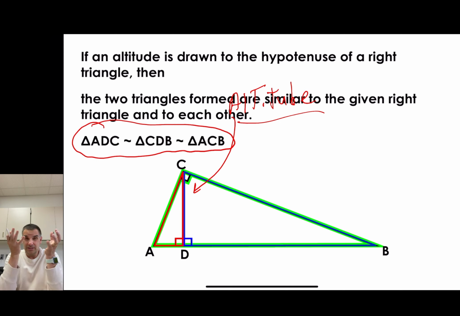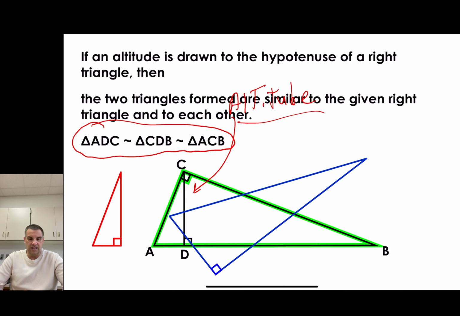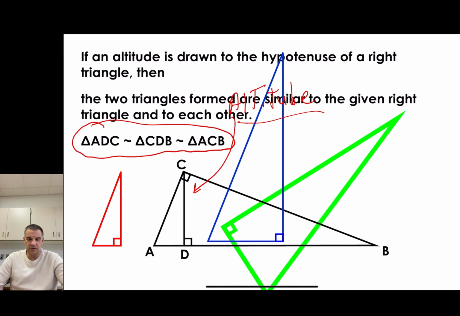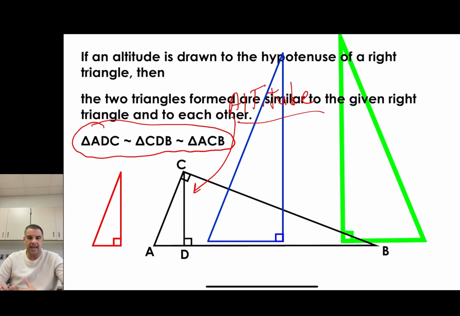Now, they're going to be similar to each other because of side angle side proportionality, which we talked about on the last lesson. And the way we could look at all the problems that we have today is we could look at these different triangles that are created and rotate them around and put corresponding parts to them and write out these different proportions to find different lengths.